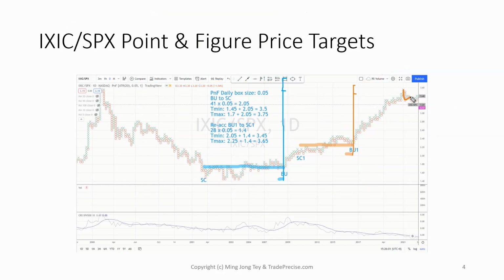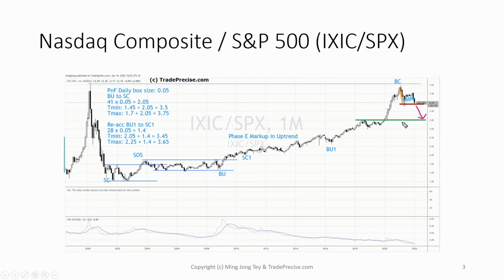The worst case obviously is that it keeps going down to see some weakness, maybe something like this. It might not go all the way back to the lowest point, but if I want to take a benchmark or a support, then certainly this green line here could be the support.